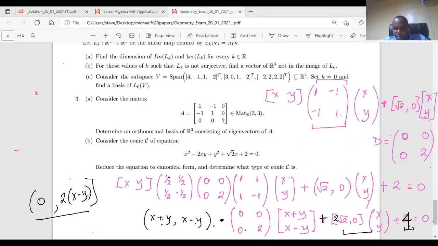And then what happens when you multiply this by x plus y over x minus y? Then it's 0, 2x squared. So this becomes 2 times x minus y squared, right? Yes.